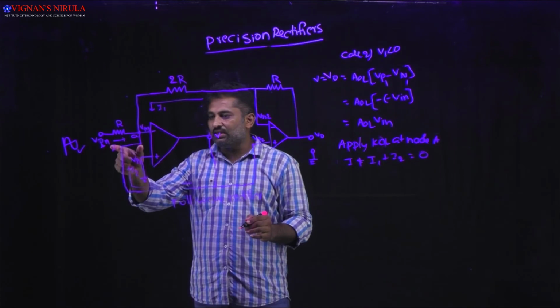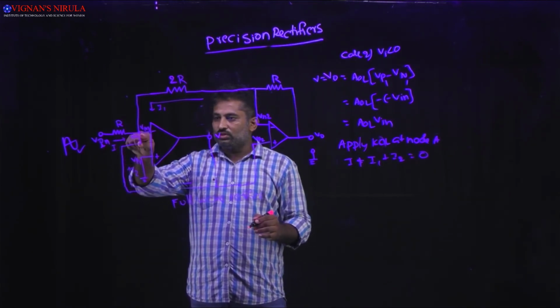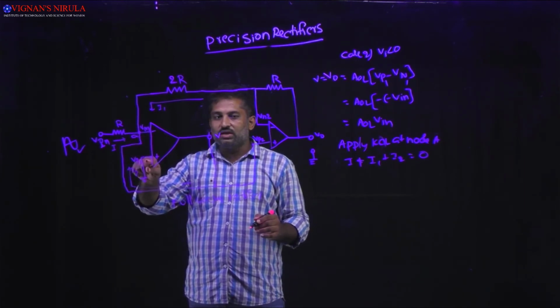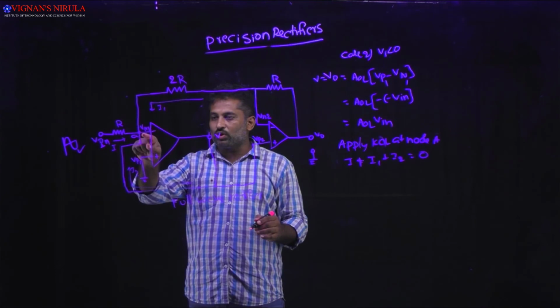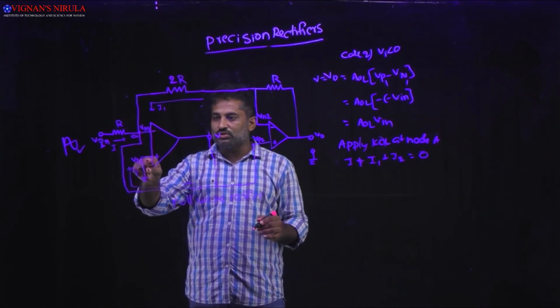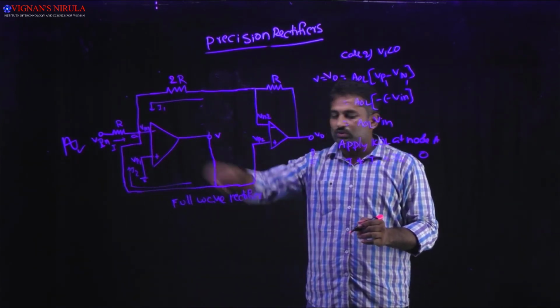What is I? I means Vi minus this terminal, Vn1. Here this is at the ground position, and from the virtual ground concept this is also 0. So Vp1 is equal to 0. According to the virtual ground concept, Vn1 is also equal to 0.